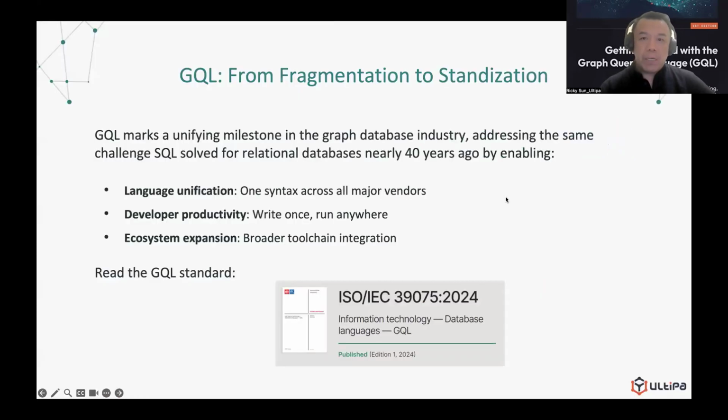A little bit of background, which all the people in this room know. Essentially, we're talking about an industry landscape that was very fragmented. We had maybe around 10 dialects of graph query languages, and now a standardized edition, which is a great thing.